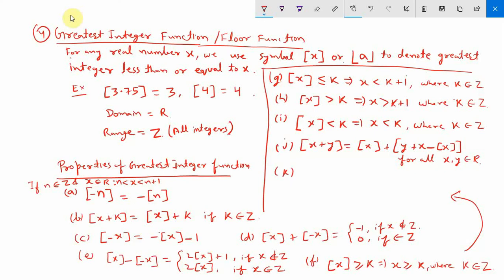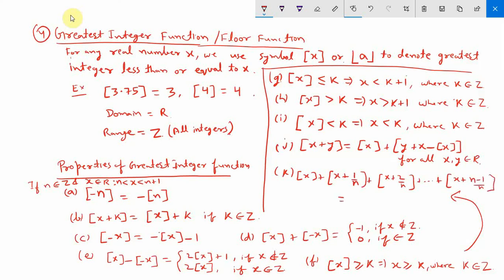Next one is the greatest integer function of x plus the greatest integer function of x plus 1 by n plus the greatest integer function of x plus 2 by n, up to x plus n minus 1 by n.